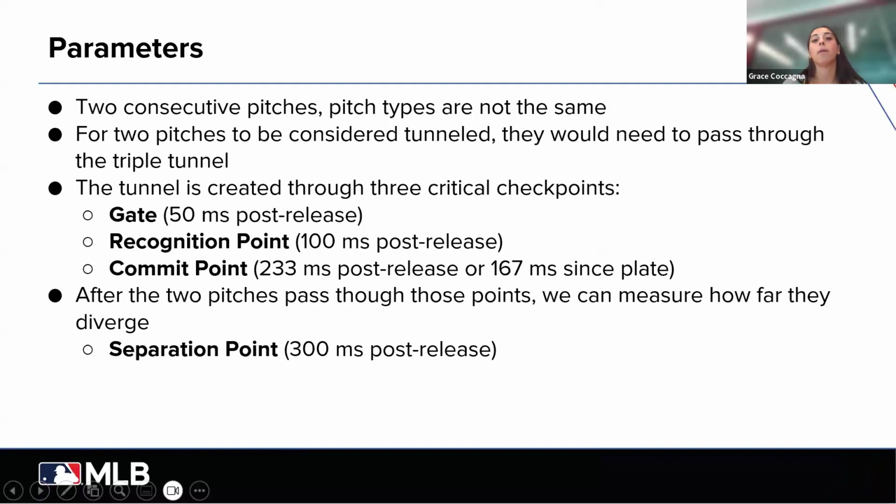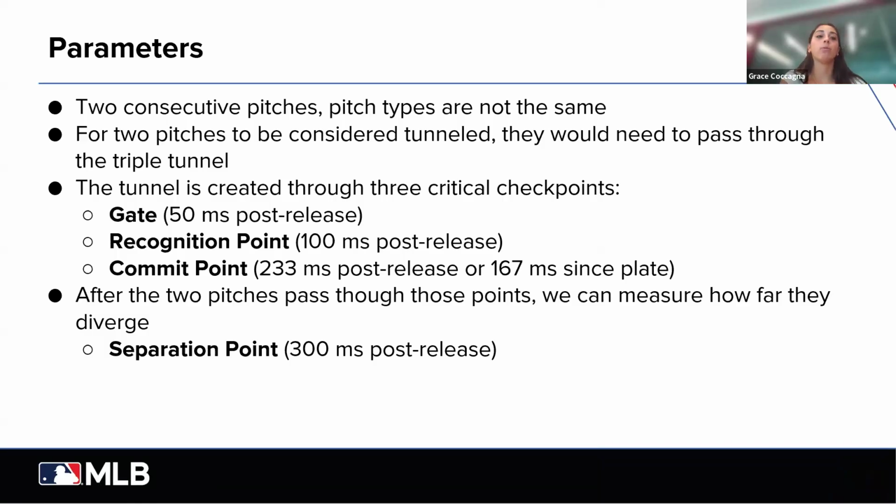So to jump in on my methodology, obviously there are a lot of moving parts and things to consider when doing this tunneling analysis, so I needed to break it down a little simpler. I'm looking at two consecutive pitches where the pitch types are not the same. So we're looking at consecutive combinations that could be maybe a fastball and a curveball or a sweeper and a cutter.